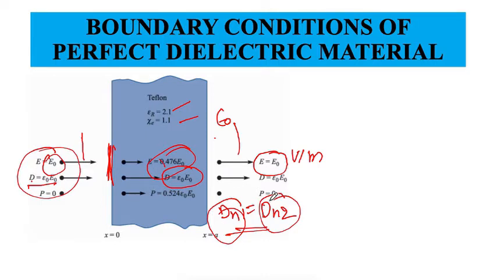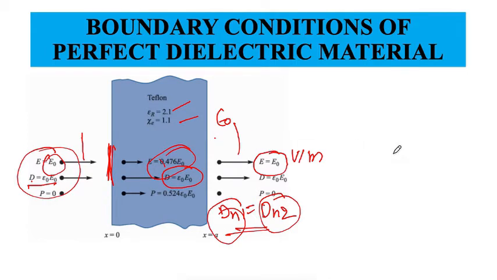What happened to the electric field? The electric field outside is E naught directed horizontally. What about the electric field at the boundary? There is no tangential field continuity for me to find the relationship. So I have to go back to the relationship between D in and E in.